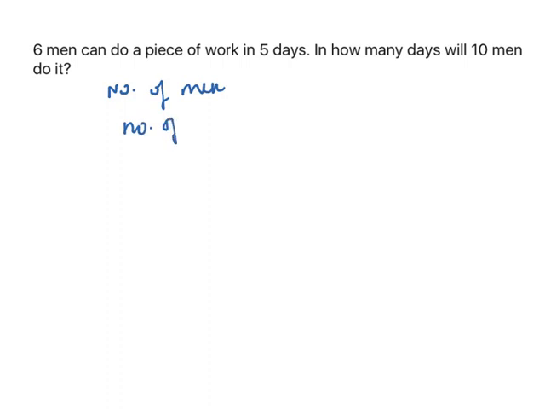Here we will make a table corresponding to the given data. When the number of men is 6, they take 5 days. Now when we have 10 men, we have to find the number of days. Clearly, an increase in the number of men causes a corresponding decrease in the number of days. So it is an indirect variation.